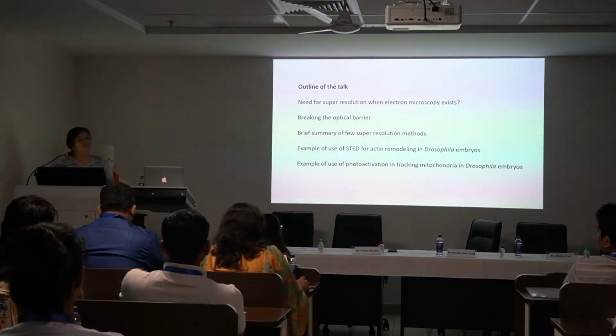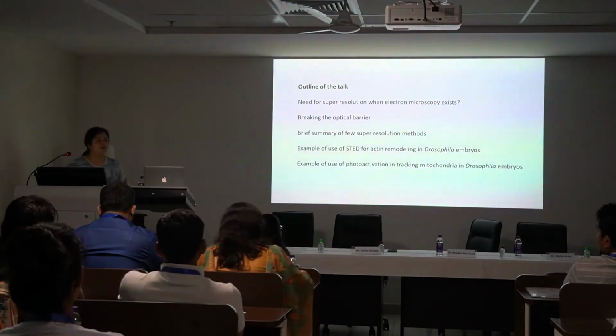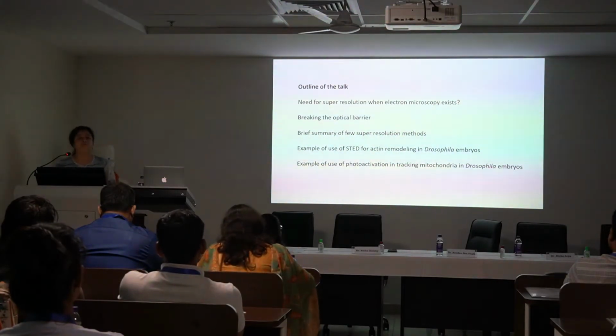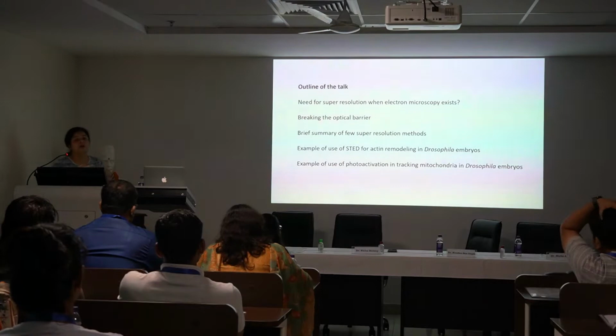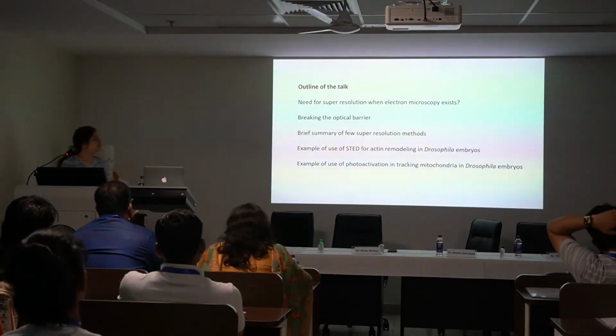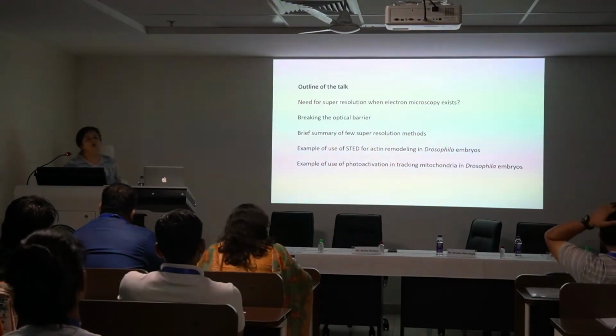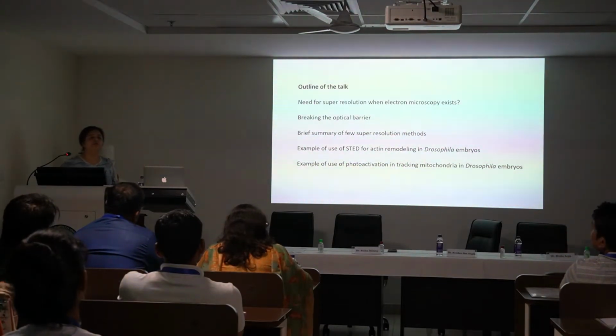And can we improve the resolution of the confocal microscope or of optical microscopes in general to try and localize molecules with unprecedented precision, right? So with increased precision. That involves breaking the optical barrier, right? So we have to think of improving this resolution.